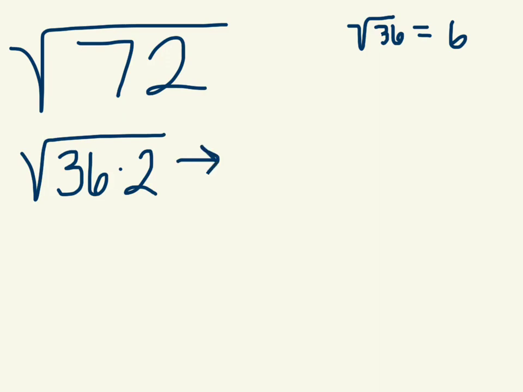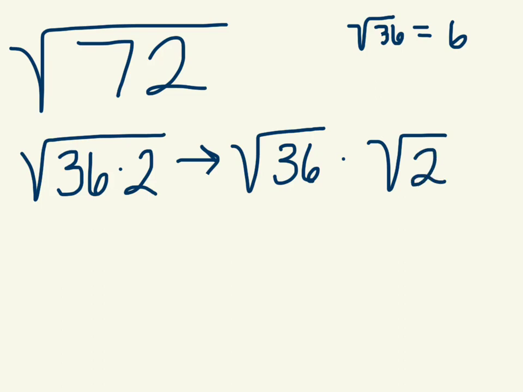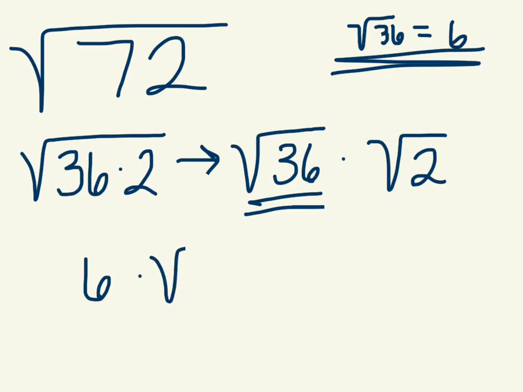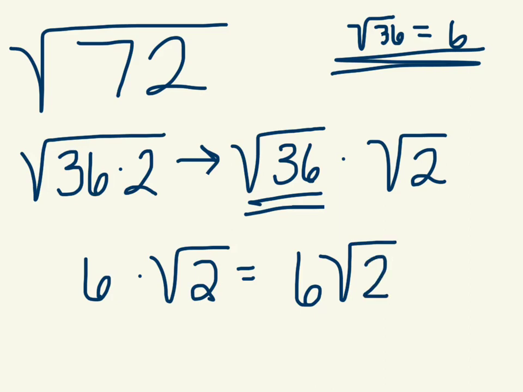So now I can simplify it even further by breaking it apart as the square root of 36 multiplied by the square root of 2. Now I know that the square root of 36 is 6, so I can simplify this one more step. This becomes 6 times the square root of 2, and we will write that as 6 radical 2.